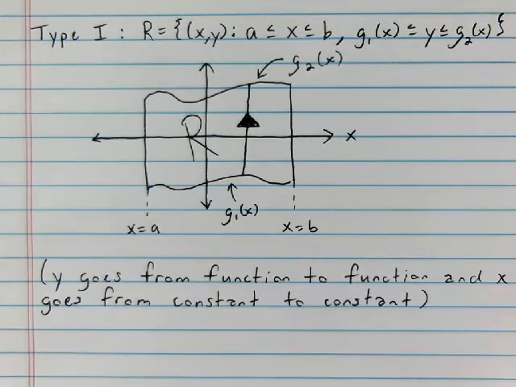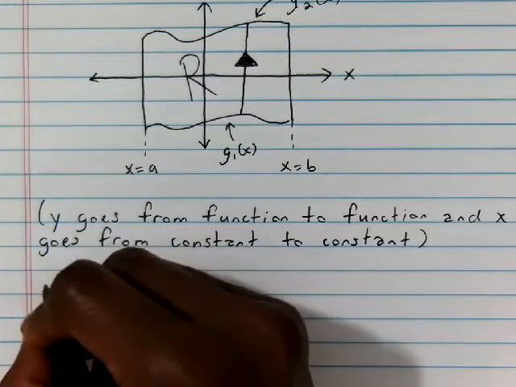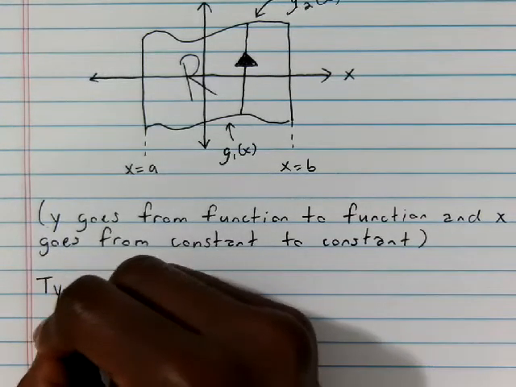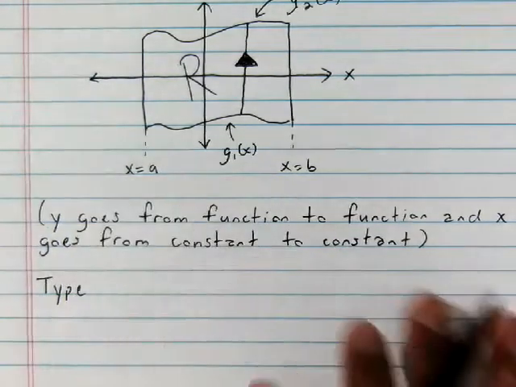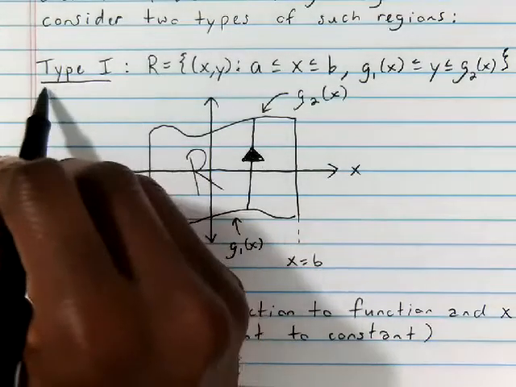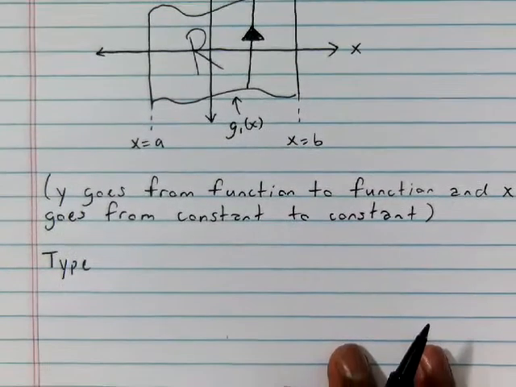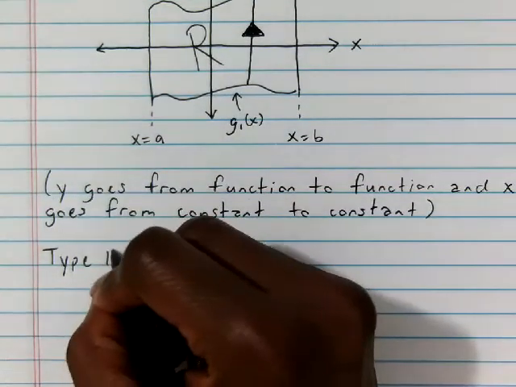And then a type 2 region, actually, let's double underline the type 1 and type 2 because that's going to be important. We're going to use those names quite a bit. So type 2, Roman numeral 2.